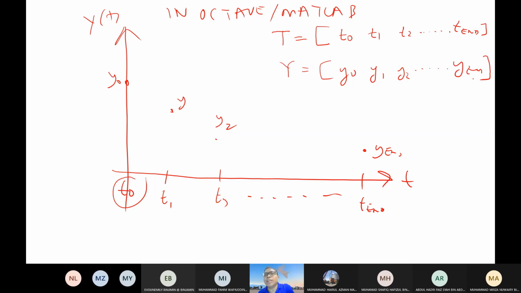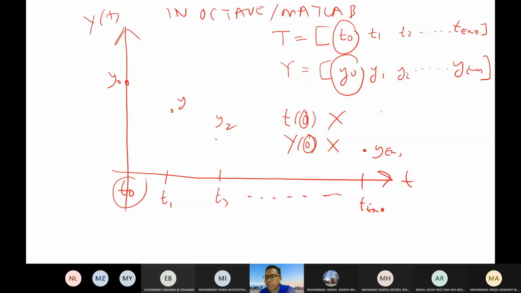Okay, the problem is that in Octave, we cannot write this T0 and Y0 like this. Kita tak boleh tulis sebagai ini, dan ini tak dibenarkan. Why? Because MATLAB starts its indices at 1.